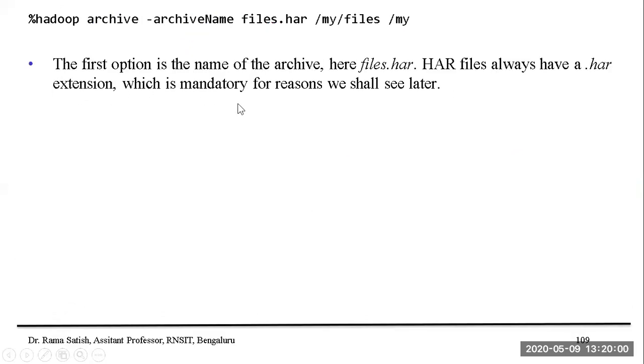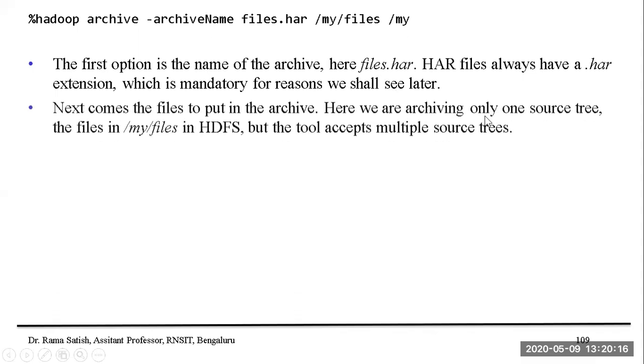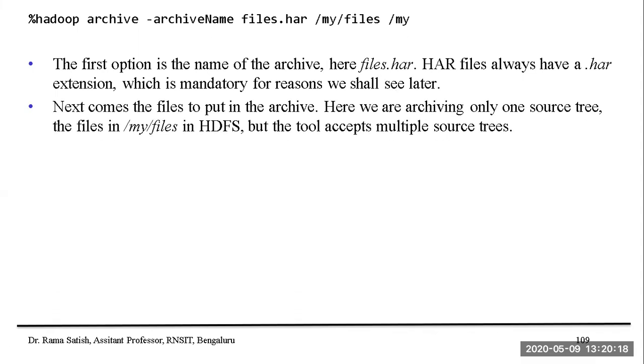The first option is the name of the archive, that is files.har. HAR files always have the extension .har, which is mandatory for a reason that we shall see later. Next come the files to put in that archive.